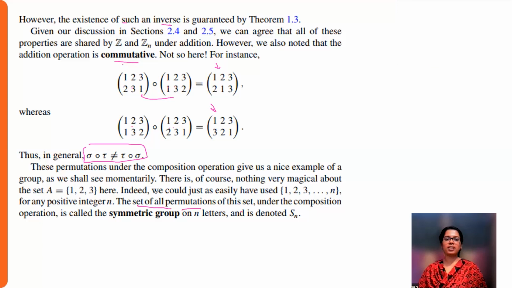The set of all permutations with the composition operation is known as the symmetric group. If we take three elements, it is known as the symmetric group of order 3, defined by S3. Similarly, if we take the permutation group on n elements, it is defined by Sn. Okay. Now let us move to the next example.